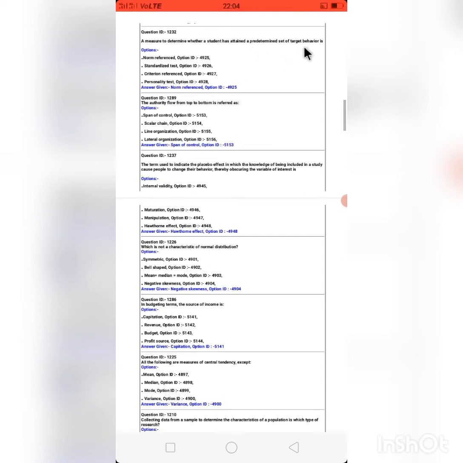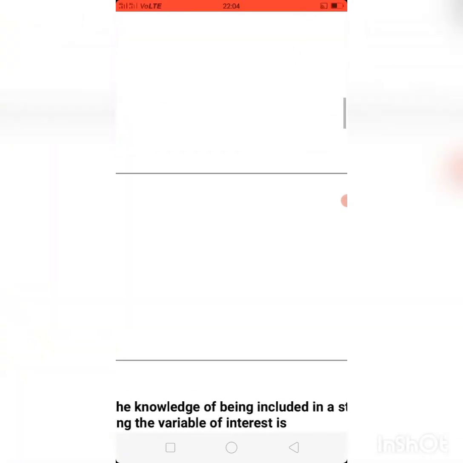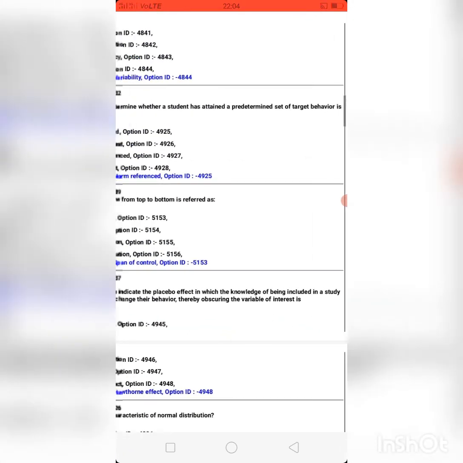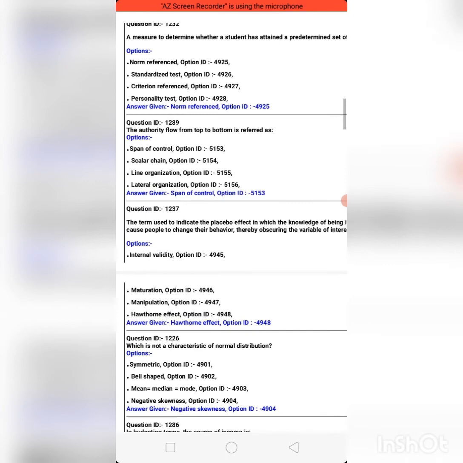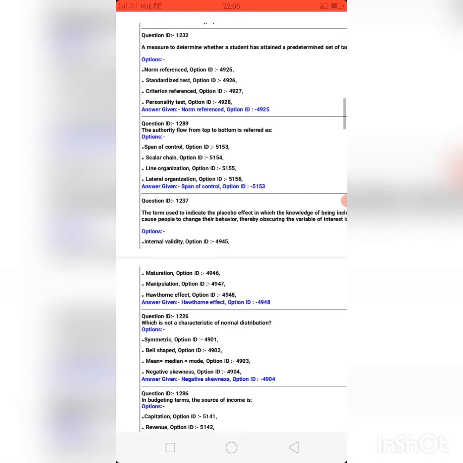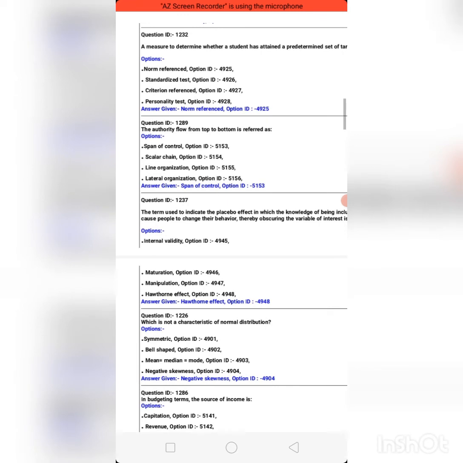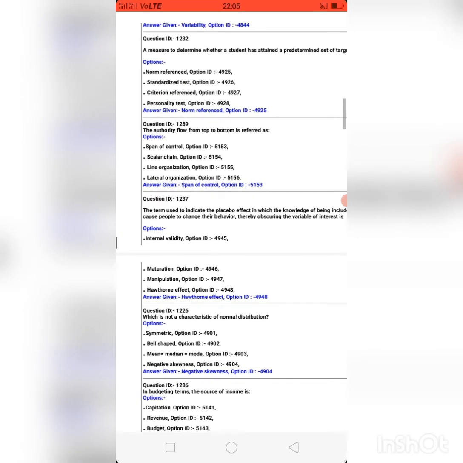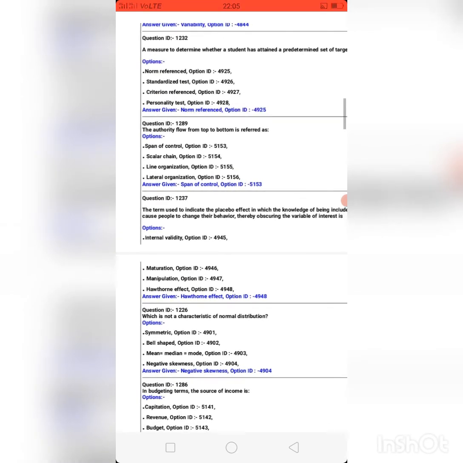So the key word here is predetermined set of target behavior. That means the behavior which we want, which we intend, is already determined. So okay, it's already determined, right? So the right answer for this question is the criterion reference.